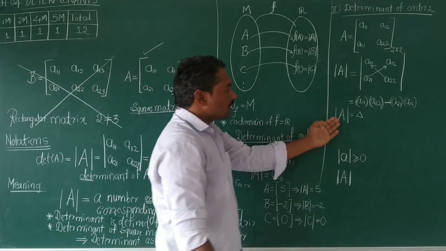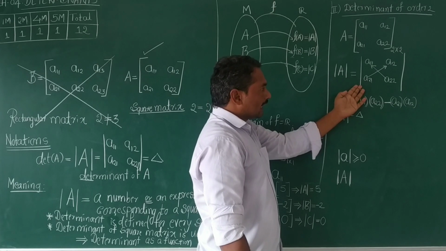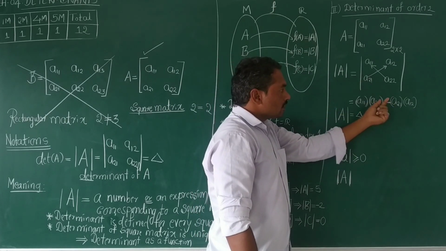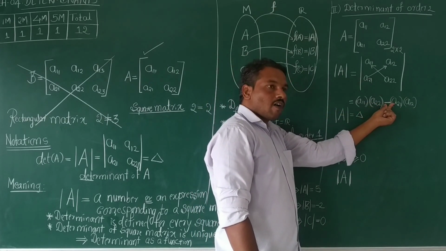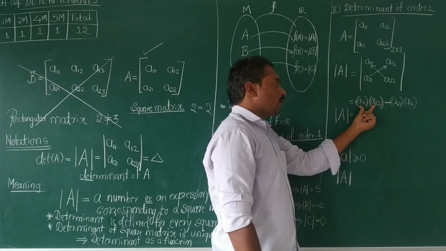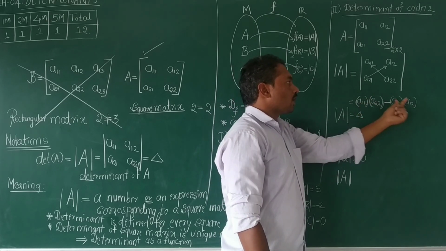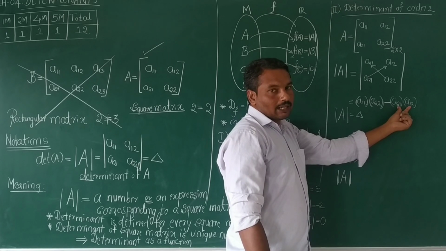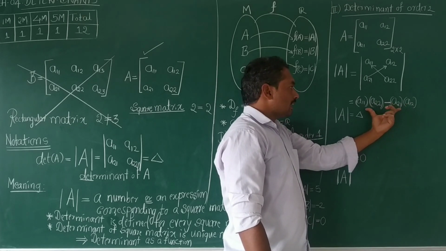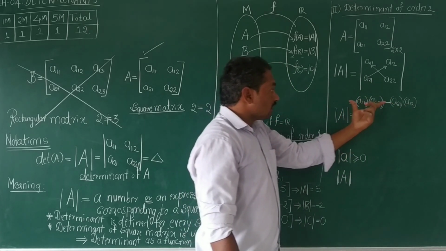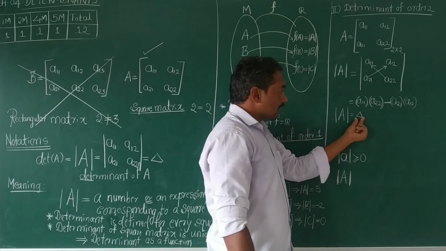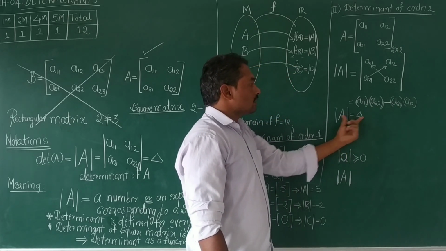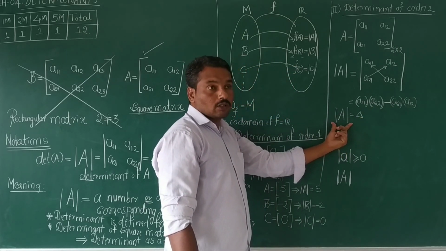It is defined by taking the difference of the product of principal diagonal elements first, then the product of non-principal diagonal elements. By taking the difference of this type, we get a real number. That real number is known as the determinant of order 2.